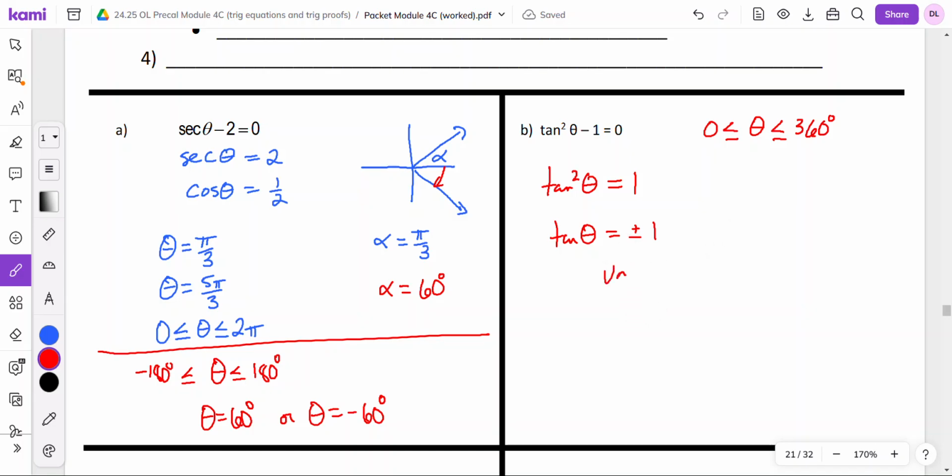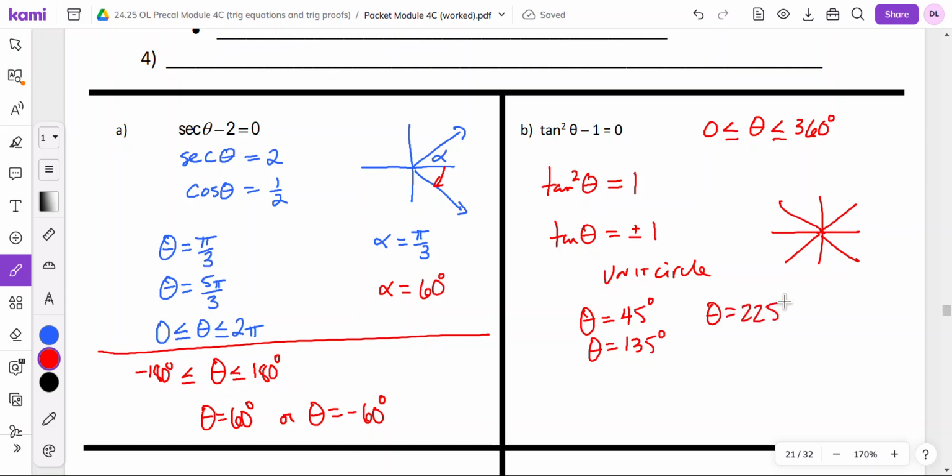From the unit circle, we know that that's going to be an answer in all four quadrants. And so if we're going to be in degrees, theta is going to have to be 45 degrees, theta could be 135 degrees, theta could be 225 degrees, or theta could be 315 degrees.